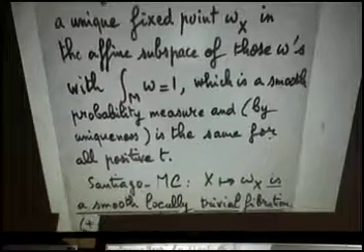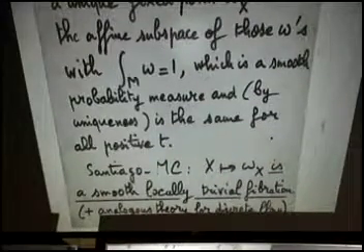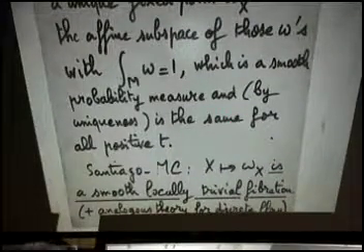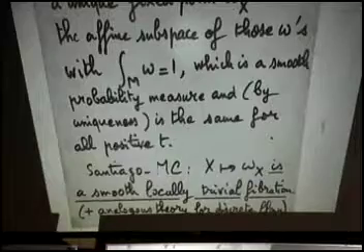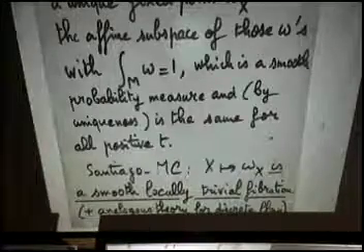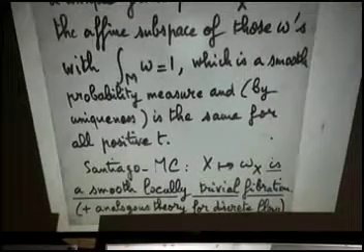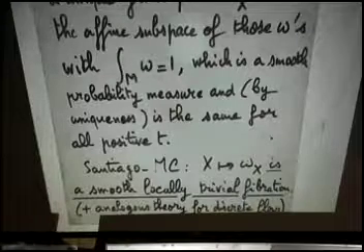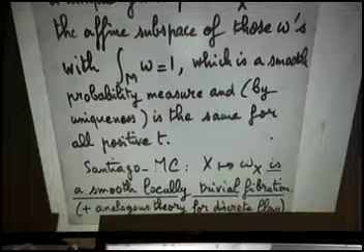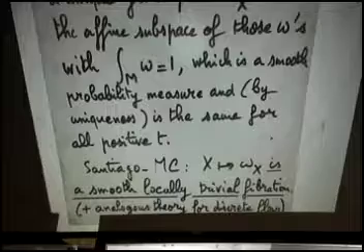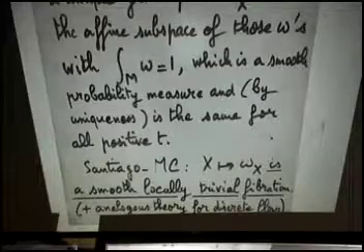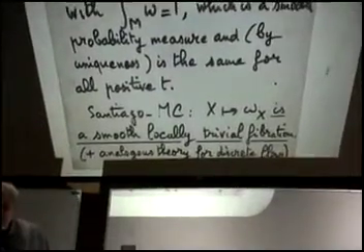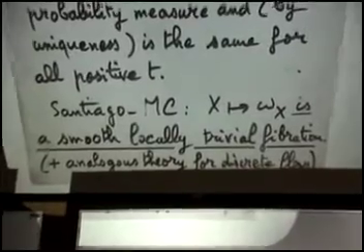And in order to do this, you needed to know that this map is a good map. So what we proved with Santiago during our meals is that the map which to x associates omega x is a smooth locally trivial fibration. Okay? And we also proved an analog for discrete dynamical systems.